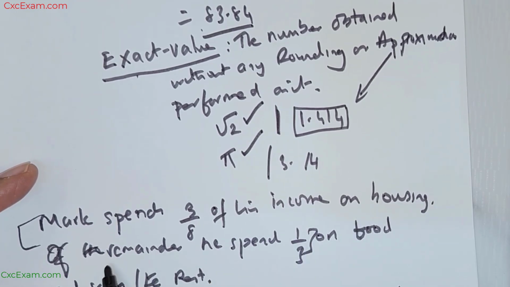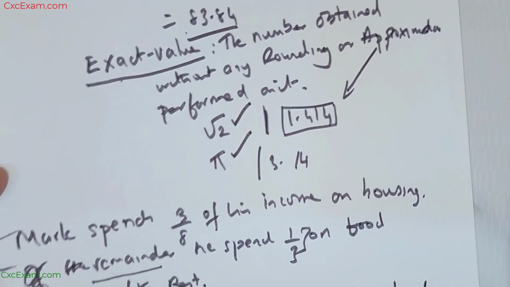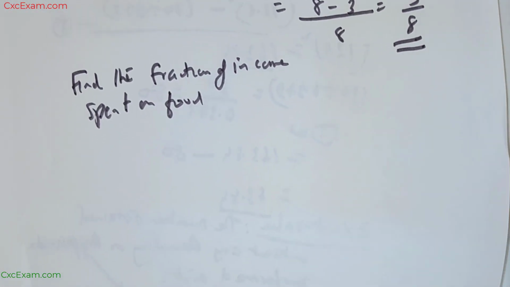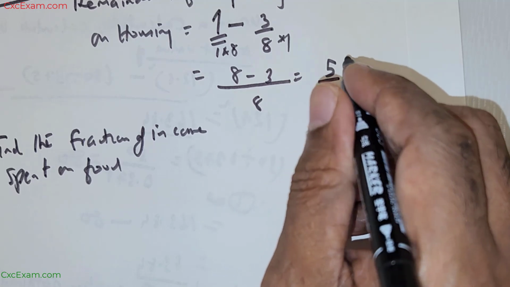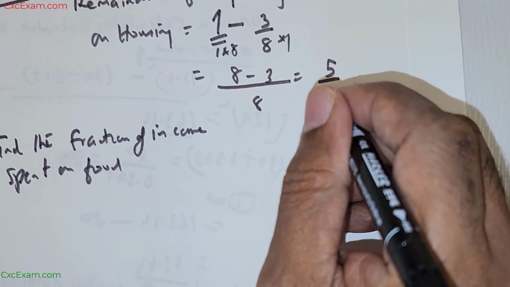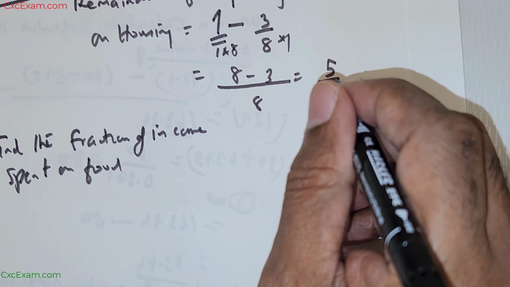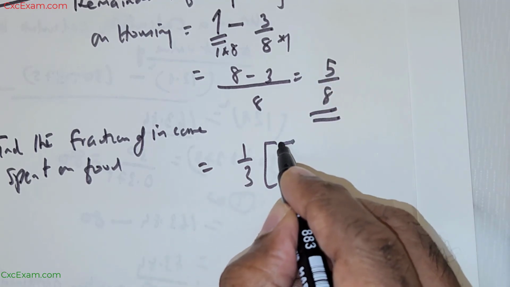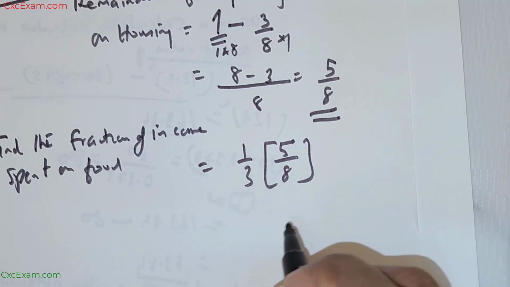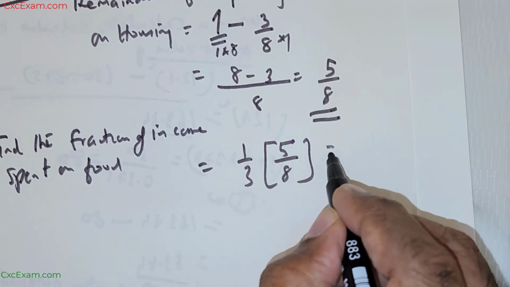Of the remainder, 1/3 on food. So from 5/8, this is the remainder. Now 1/3 of this is being spent on food. So this is the solution.